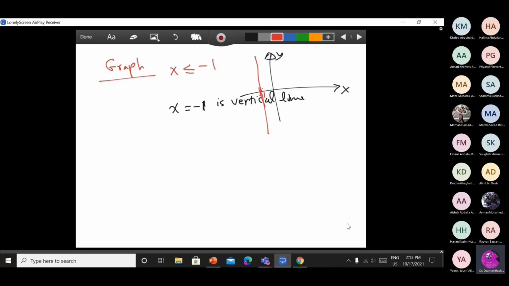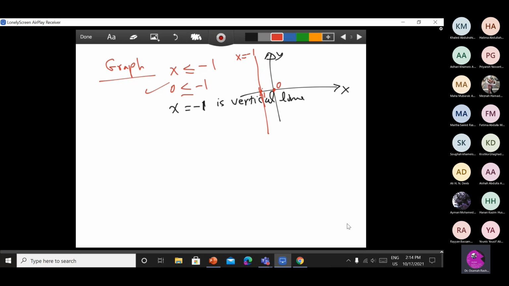So this is exactly x equal to -1. But he's not looking for x equal to -1, but x less than or equal to -1. So shall I take the right hand side of the line or the left hand side? On the right hand side, I have x equal to 0. If I put 0, I have 0 less than or equal to -1, which is not correct. So I'll take the side where the checkpoint is correct. And I make the line the same color as the shading color because I have equal.